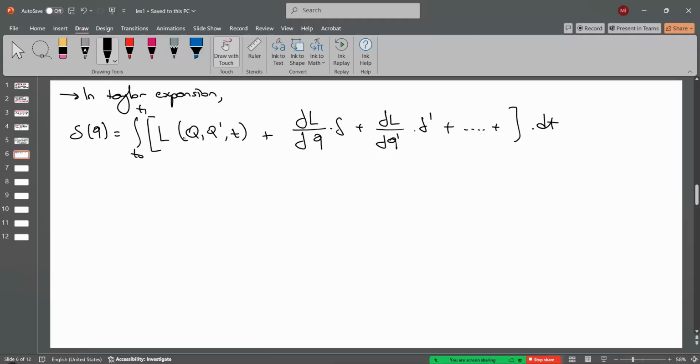This is the main form, or the Taylor expansion coefficient form. This is the constant one, but the other terms are the expansion of this one.